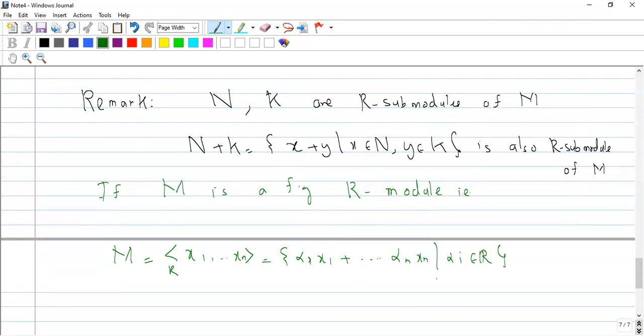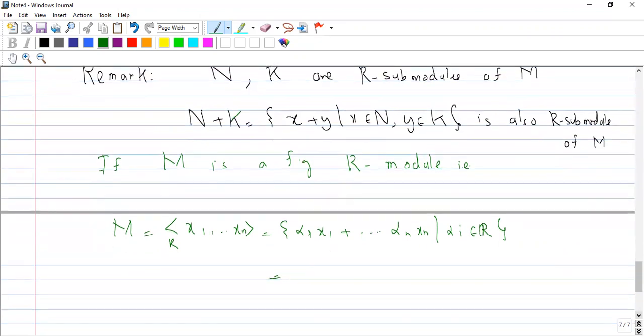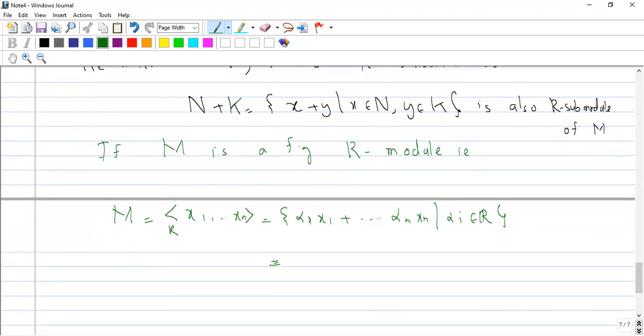Now using this notation, कि अगर मैं इसको divide करने की कोशिश करूं, we can write this thing in this way, because this part is an element of the cyclic module generated by x1.